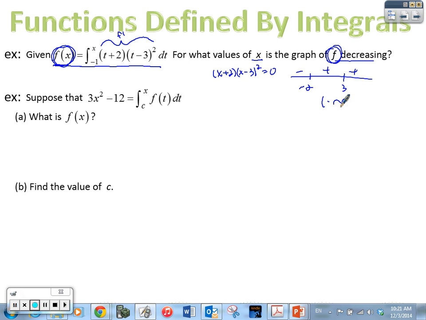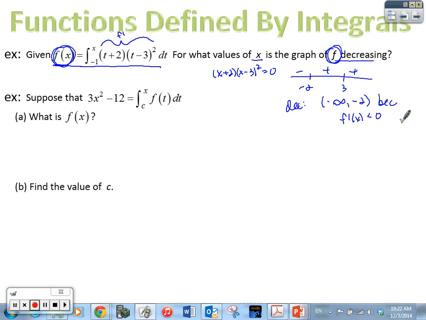So from negative infinity to -2, because f prime of x is less than 0. That's our standard justification that we've been doing for weeks now. All right, that's number 1. We okay?